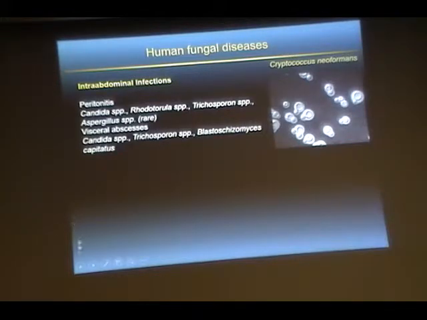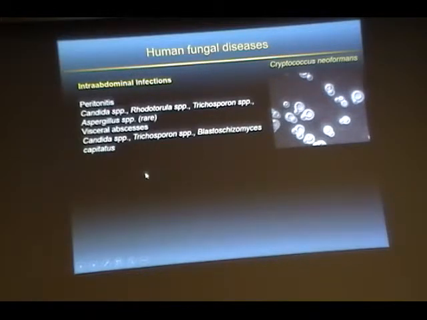That's called peritonitis, and it's caused by Candida, because Candida is present in the oral cavity of normal humans, and when they take a lot of antibiotics, it can translocate into the gut and the peritoneum, causing this peritoneal infection or peritonitis. It's rather uncommon, but Candida has been isolated from such infections.